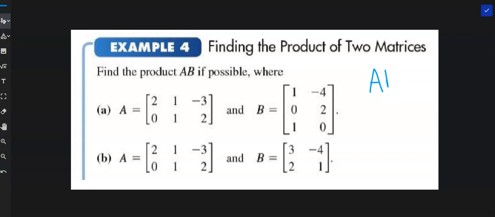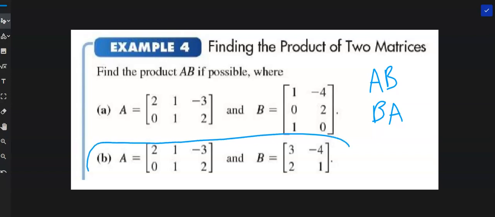I'm not going to worry about multiplying these out at the moment, but what I am going to ask you is this. Let's go down to this one right here, letter B. Does A times B exist?